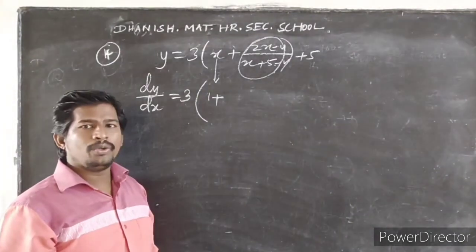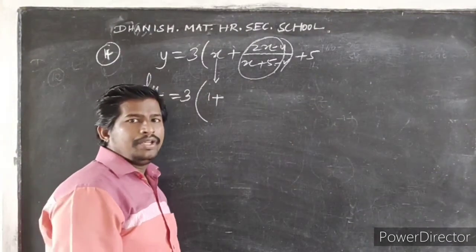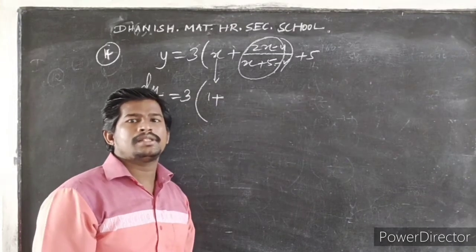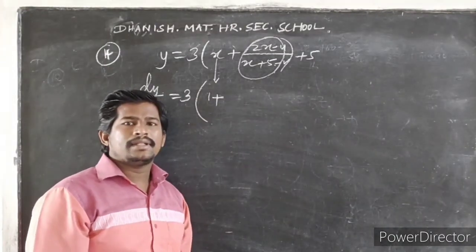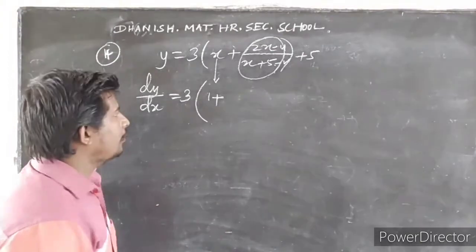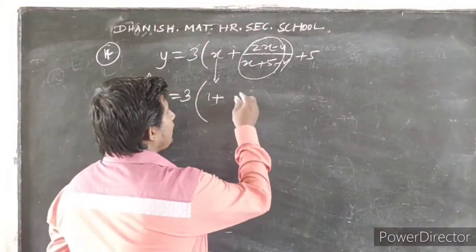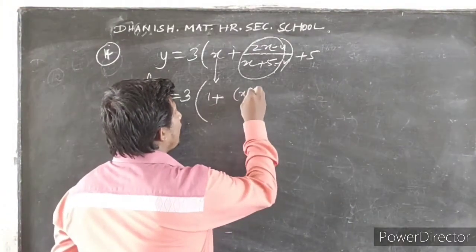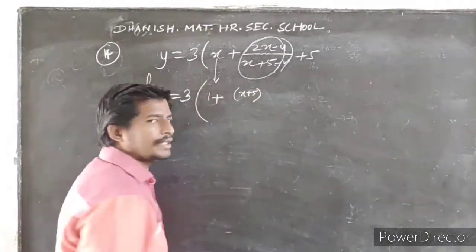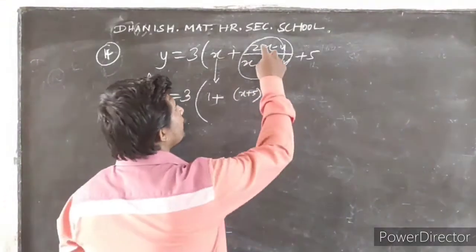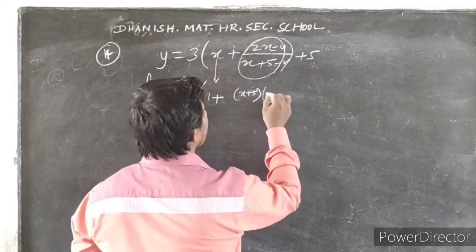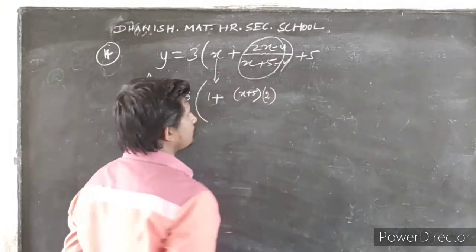The derivative of u by v is v u dash minus u v dash divided by v square. So first I am going to write v as it is, so we will have x plus 5 into u dash. We should differentiate u, so we will have 2.